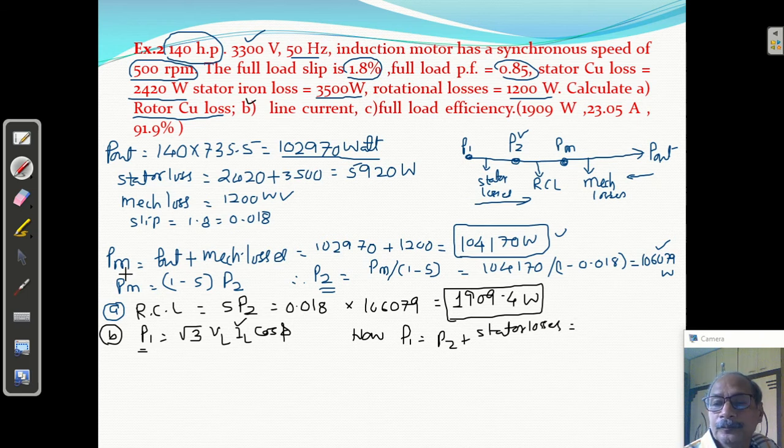What is P2? P2 is 106079, plus stator loss given 5920.